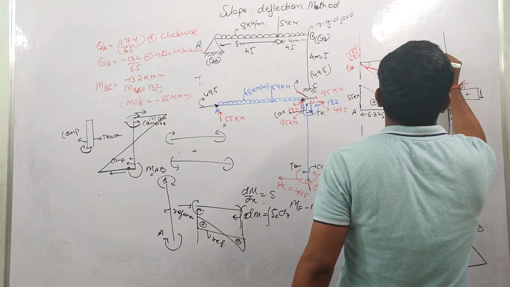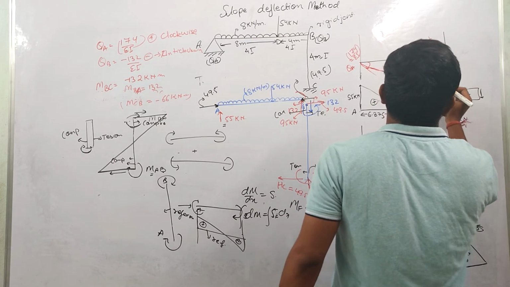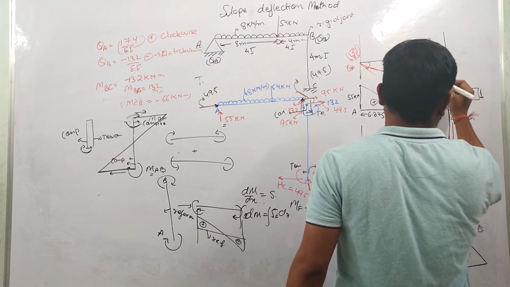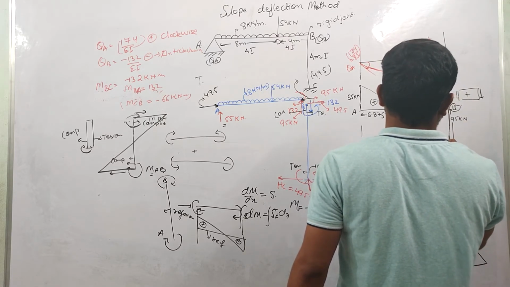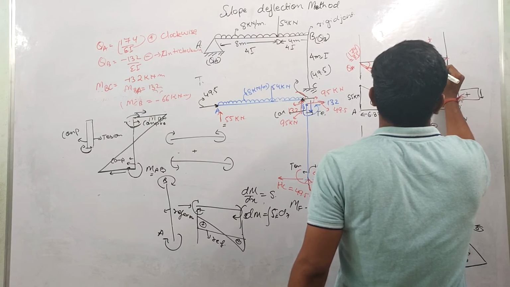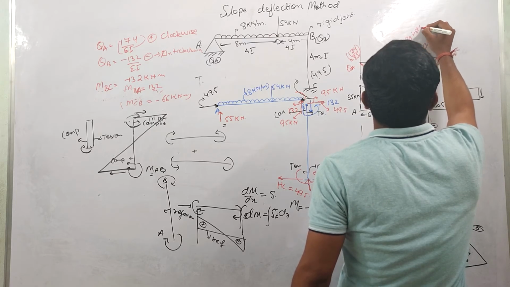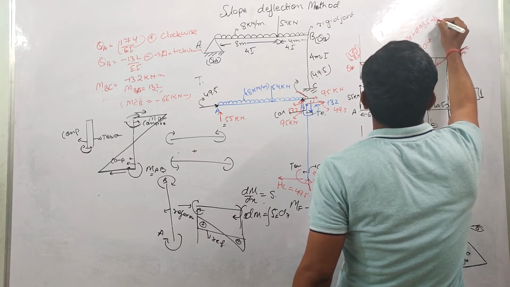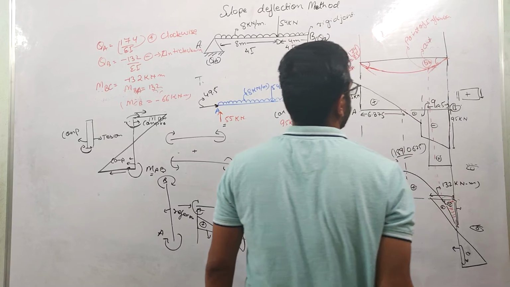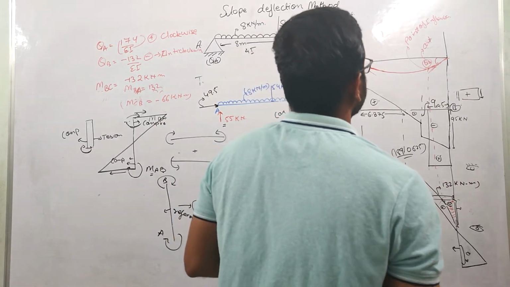So now you can see that this theta B is anti-clockwise, and this is nothing but the point of inflection, okay? Here it is termed as point of contraflexure, right?